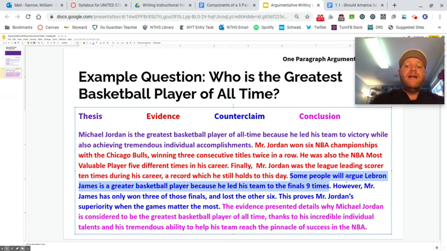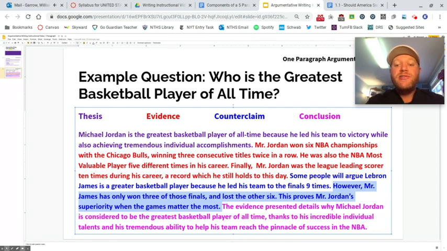However, okay, I am going to argue that Mr. James had only won 3 of those finals and lost the other 6, thus proving Mr. Jordan's superiority, why he was better when games mattered the most. So what I've done here is I've said, okay, some people will argue this aspect about LeBron James and why it makes him better than Mr. Jordan.